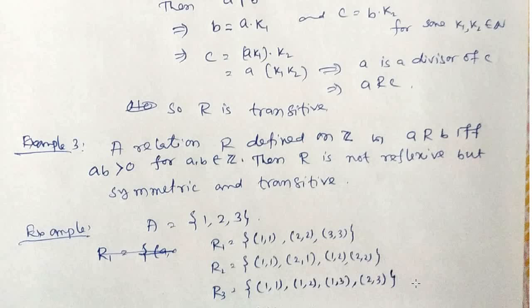If you are asked to give an example with some properties satisfied and some not, then the best way is to take the set 1 to 3 and take a relation on that satisfying those things. So you can construct your own examples.